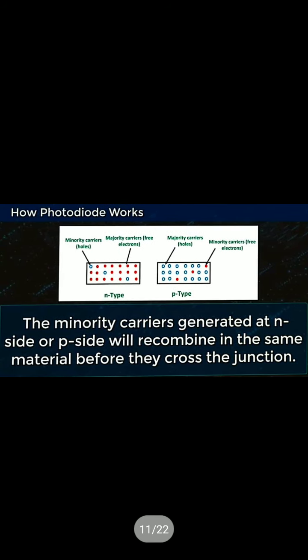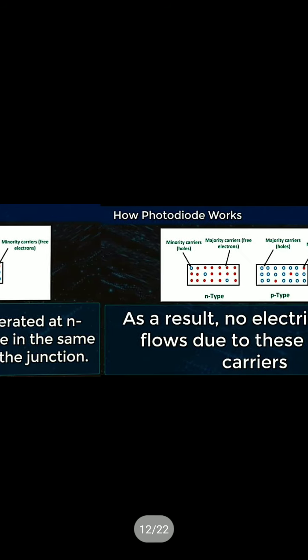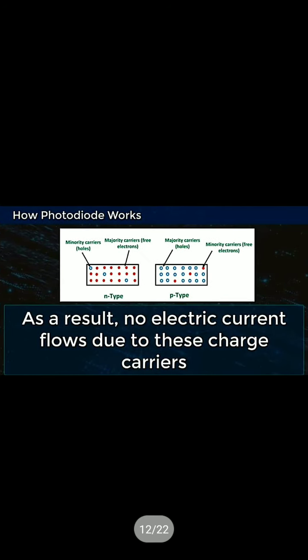So the minority carriers in the P type, that is electrons, and the minority carriers in the N type, that is holes, will recombine and neutralize before they cross the junction. If they recombine with each other, then no charge carriers are there, so no electric current flows due to these charge carriers.